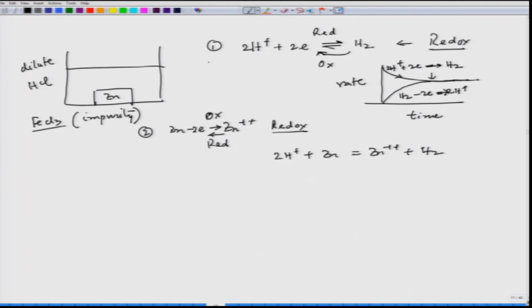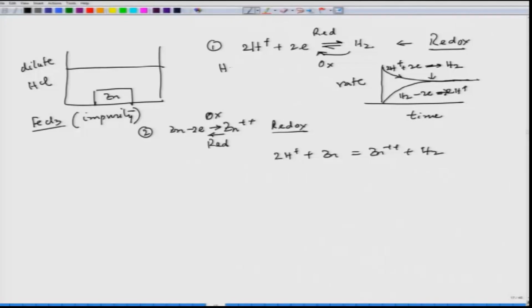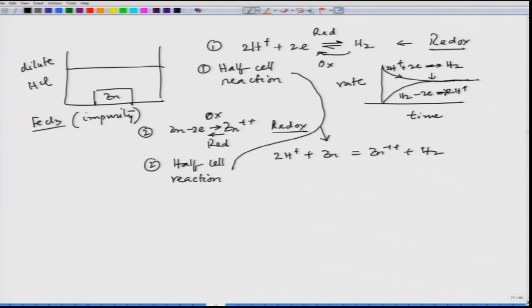These two reactions are electrochemical in nature because they involve electron acceptance or electron release, and they are called half cell reactions. This is one half cell, this is the second half cell, which combine and form a complete cell reaction.